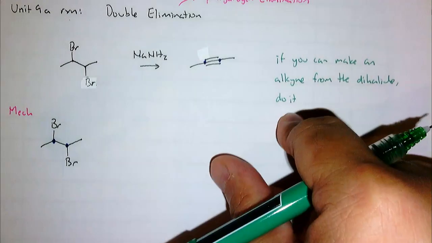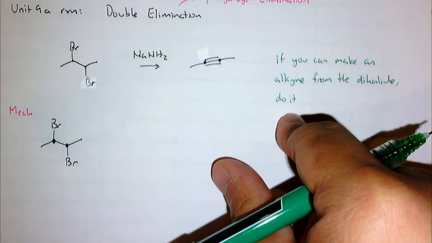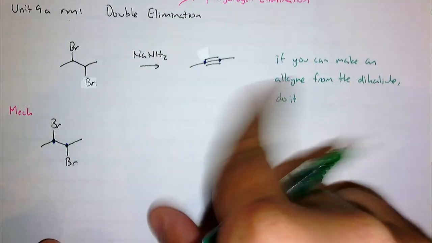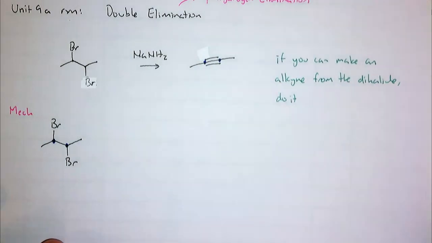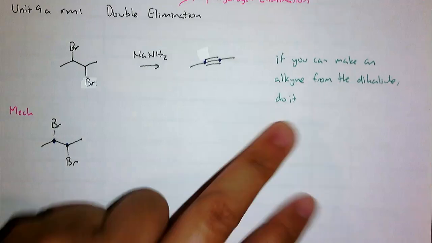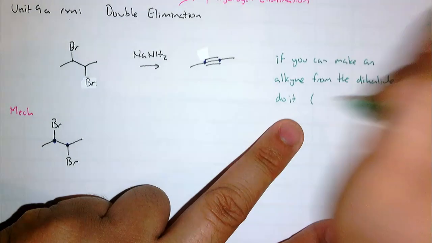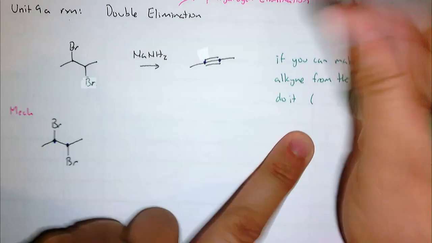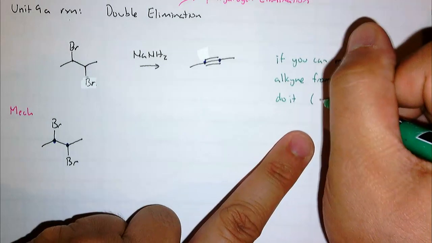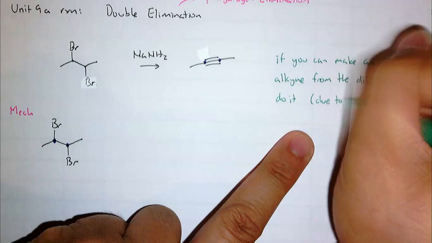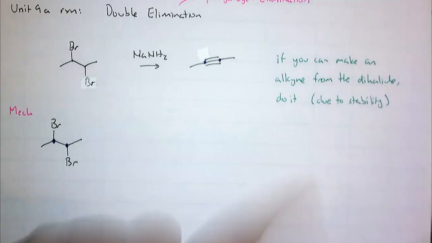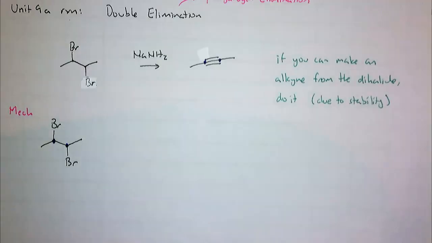There will be some cases where you can't, and there will be some cases where you can do multiple things and not get the alkyne, but you should always strive for the alkyne. We're just going to attribute this to stability, because the other side products that you could get are not as stable, and I'll have time to go over that. So basically, if you can make the alkyne, do it.